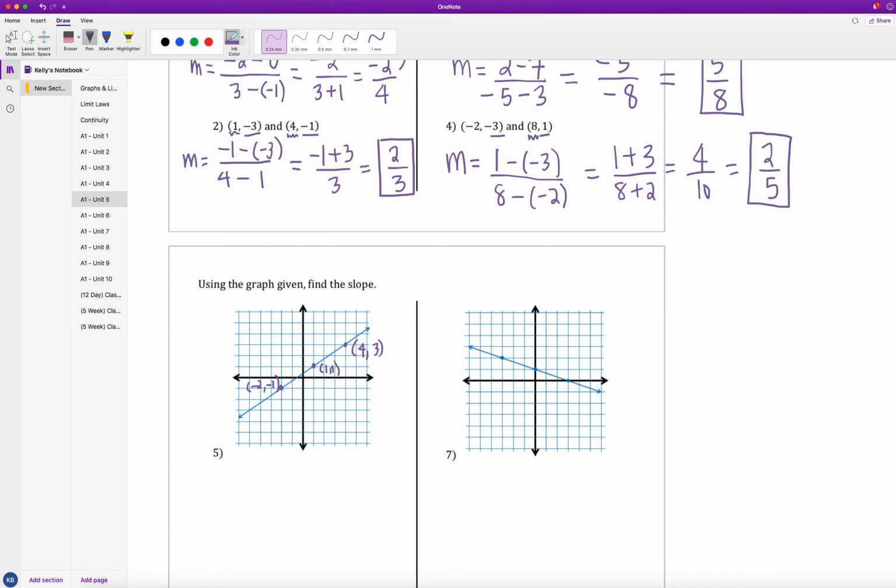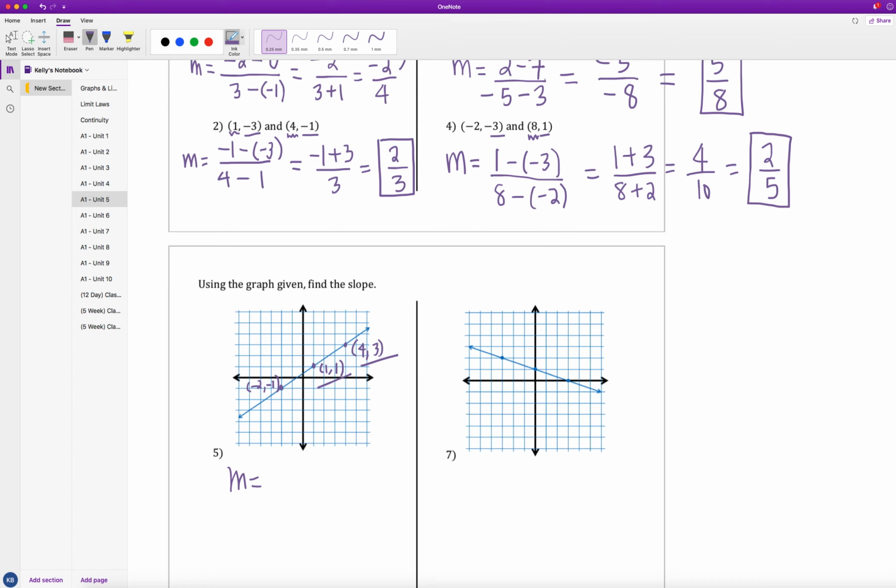It actually does not matter which 2 points we use to find the slope. So we want to just pick our favorite 2 points on here. Let me make that a little bit clearer. That was (1, 1). So you have the choice now, and we get to make the choice which 2 points do we want to use. I'm going to go ahead and use the 2 points that have all positive numbers just so that my arithmetic's a little bit easier. But if we wanted to, we could use any combination of these 2 points and we would get the same answer for slope.